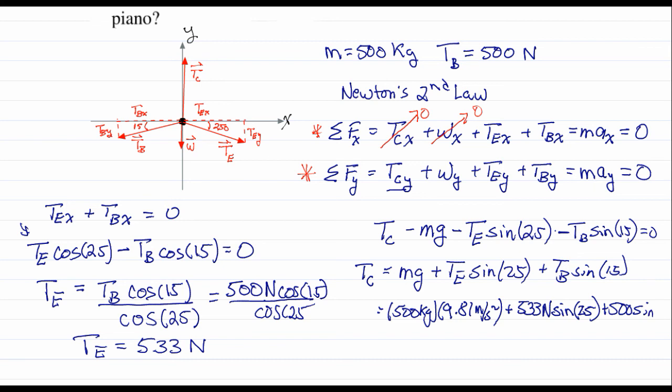I'm running out of room. Sorry, I squeezed that in. Anyways, you could verify this. When you plug that in your calculator, you should find the magnitude of the tension in the cable should be about 5,260 newtons.